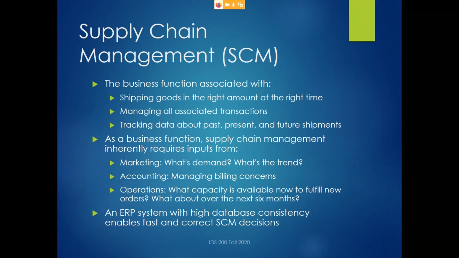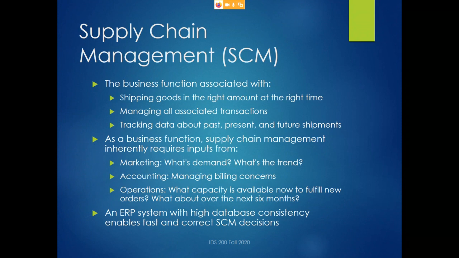Now, as a function, supply chain management requires inputs from other departments. For example, from marketing, they need to know what's the demand for a product and what's the current trend. Is it going up? Is it going down? Supply chain people need to know how much capacity they have to have, and the way they know that is through expected demand for the products. Obviously, they interface with accounting for all these billing concerns. Anytime something gets paid in the system, that's accounting's job to know what's going on there.